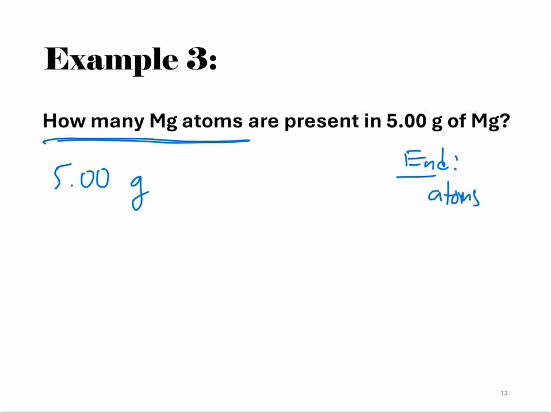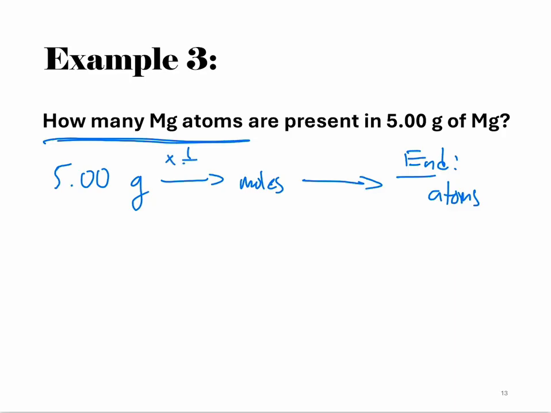Moles, right? And we're given mass. So do we have something that gives us a relationship between mass and moles? The molar mass. And once we're in moles, we can use Avogadro's number to go to the number of things. So we're going to go to moles, and then to the number of atoms.